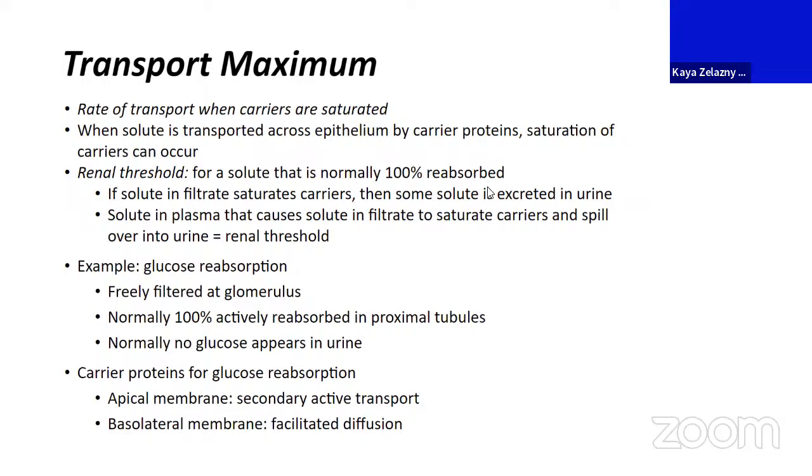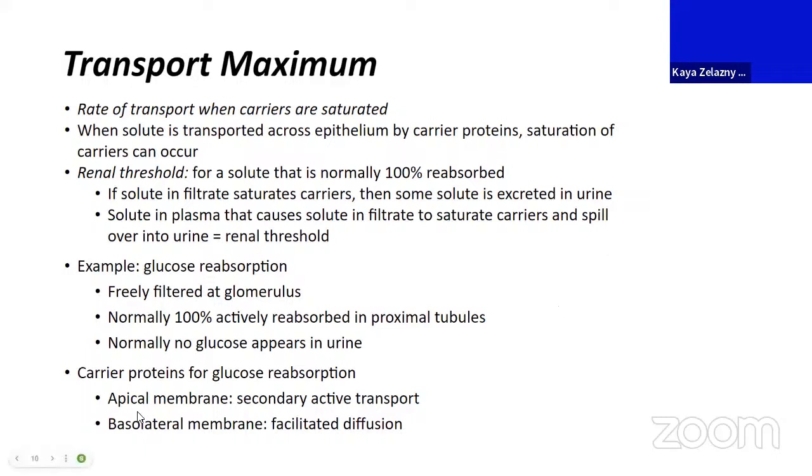But glucose is always going to be our classic example of this because diabetes is relatively prevalent. You probably work with it or know someone who has it, if you talk about healthcare pretty much at all. Glucose gets freely filtered at the glomerulus, so we have lots of glucose getting into the nephron. It should be 100% reabsorbed into your peritubular capillaries as it flows through the proximal tubules, and none of it should be spilling over, but it might happen if we hit this threshold.